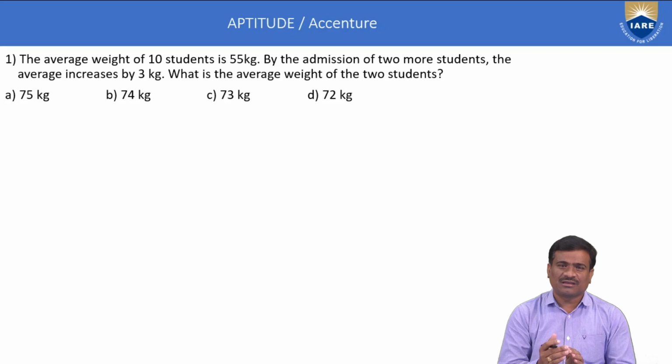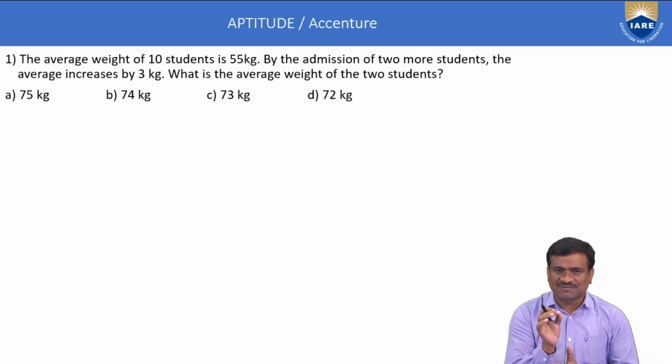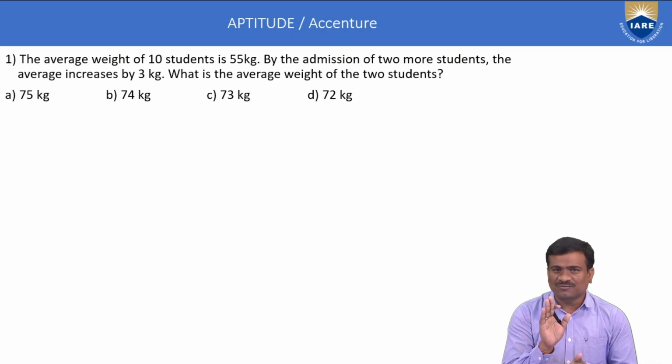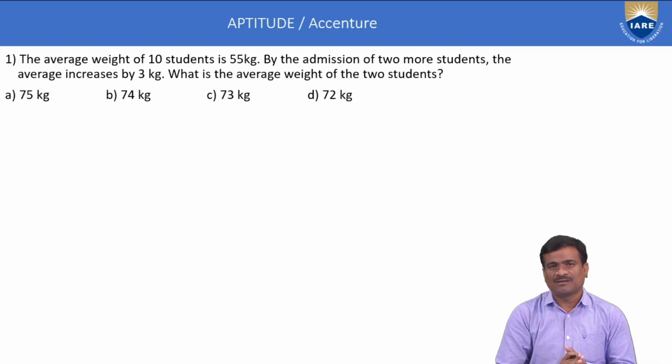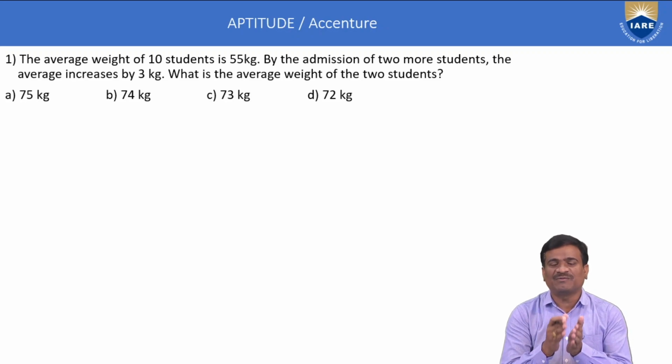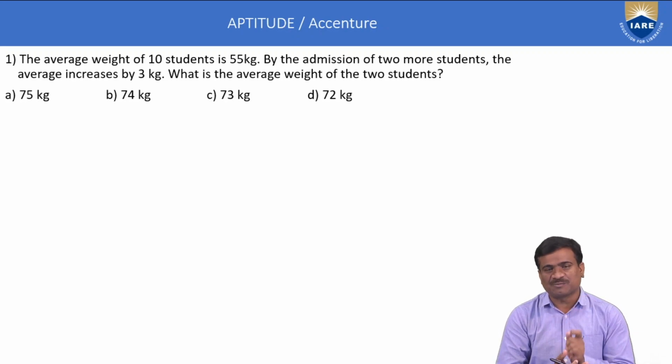Next, in numerical ability, number of questions 15, time duration 15 minutes. Out of 15 questions, 3 to 5 questions are only simplification models. That means first property, BODMAS principle: bracket, of, division, multiplication, addition, subtraction.